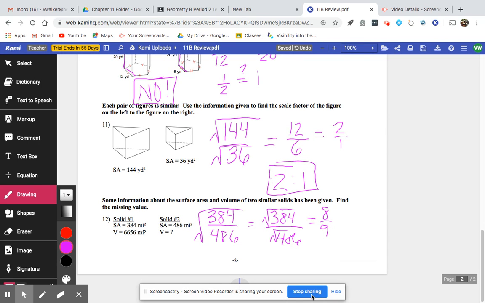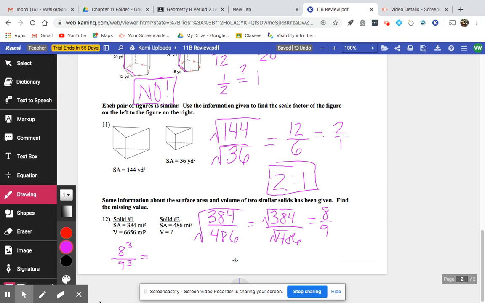Now we need to move on to the rest of the problem. We need to find what the volume is. Now remember, volume is measured in cubic units. So that means I'm going to take this 8 and cube it, so raise it to the third power, over 9 to the third, equals, here's how I'm going to do this other fraction.